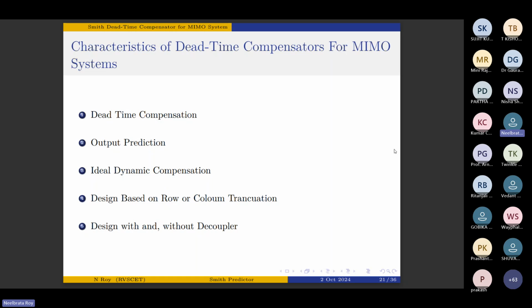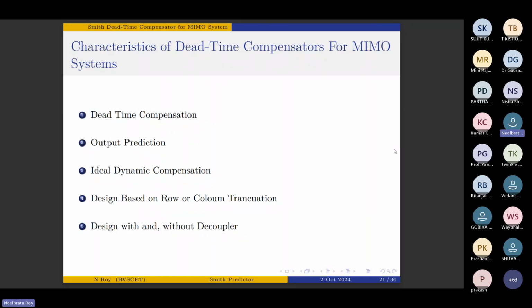That is, the number of inputs and outputs of the plant are different, either more inputs and fewer outputs, or fewer inputs and more outputs. For those kinds of plants this method was used previously, but after the dead time compensator design of Rao and Chidambaram, this method became obsolete.